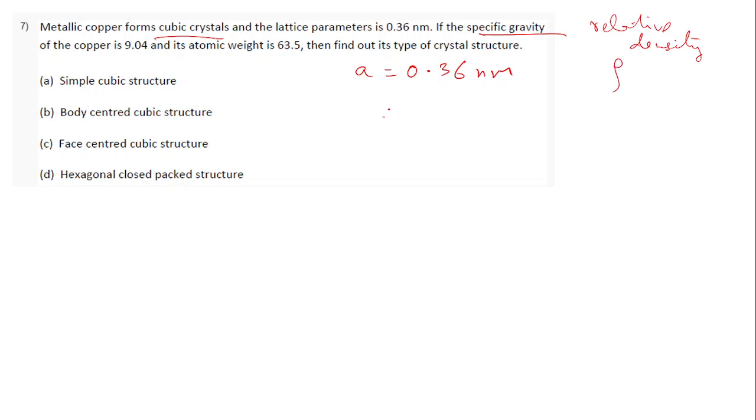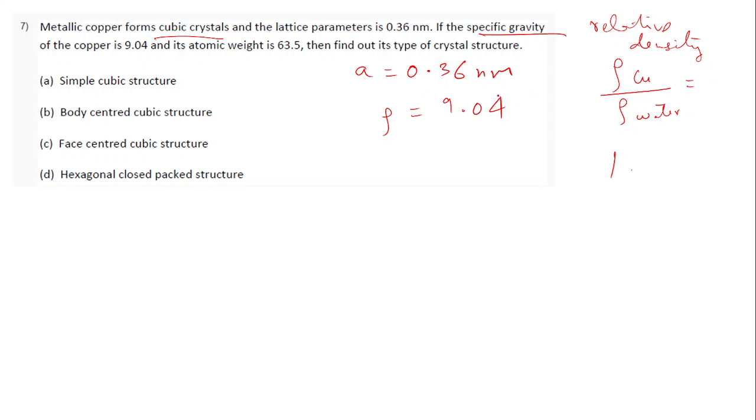The density of copper is given as 9.04. It's unitless because it's relative density, meaning they have taken the density of copper in ratio with the density of usually water. Because the density of water is 1 gram per cc, that's why here it has become dimensionless.